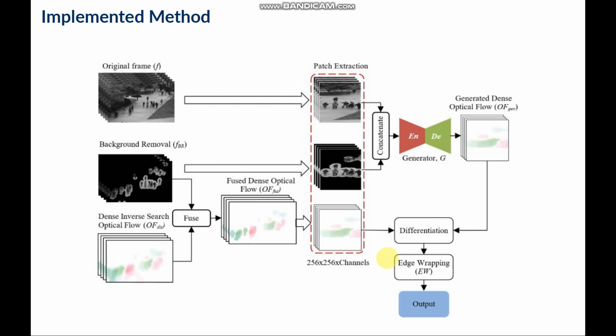And the discriminator will try to discriminate between the generated and the fused, or between the real and the fake samples. They will iterate like this until the generator generates optical flow that is similar enough to the target.